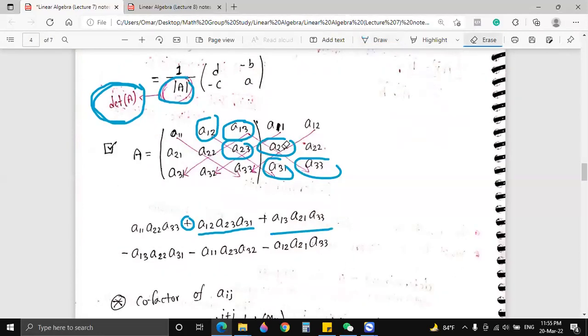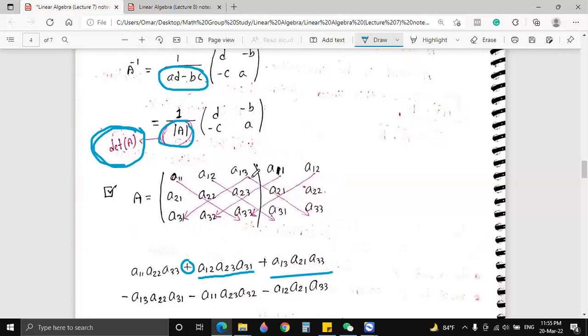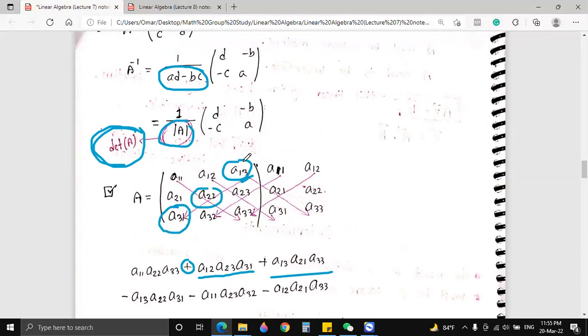And when you do the reverse process, you have to do it this way: A13, A22, A31, then minus A11, A23, A32, then minus A12, A21, A33, okay?